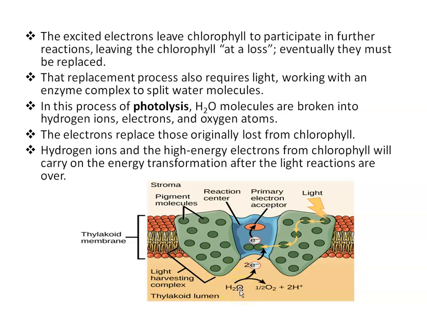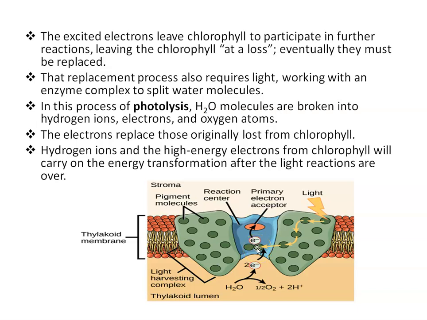This process is photolysis, meaning splitting of water in the presence of light. Water molecules are broken into hydrogen ions, electrons, and oxygen atoms, right? The electrons replace those originally lost from the chlorophyll. Now these electrons will replace the electrons lost from the chlorophyll here.